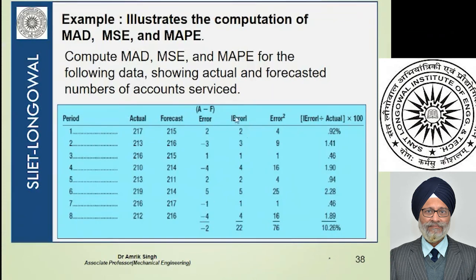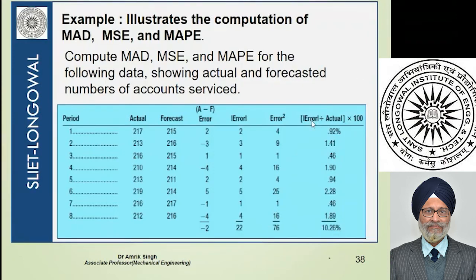The mod of the error, you have to take individually. 2 will be 2, but the mod of minus 3 will be 3. Like that you make all the values positive. Now this mod error, you sum it up, and it will be 22. Now error square: 2 squared is 4, 3 squared is 9. Like that you calculate all the errors and take the summation.